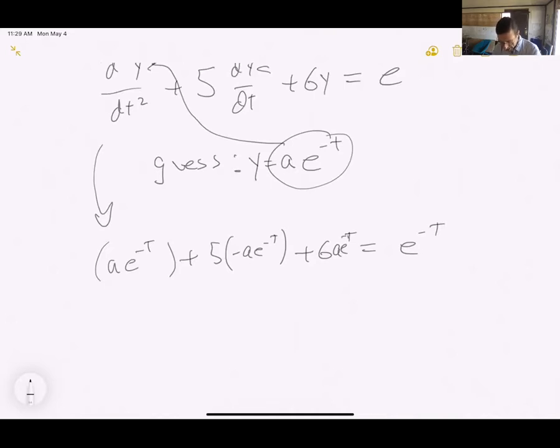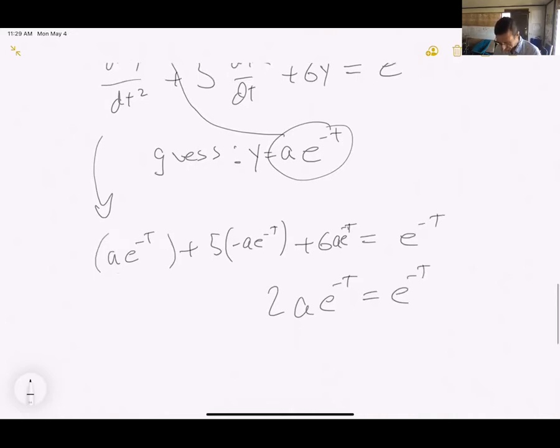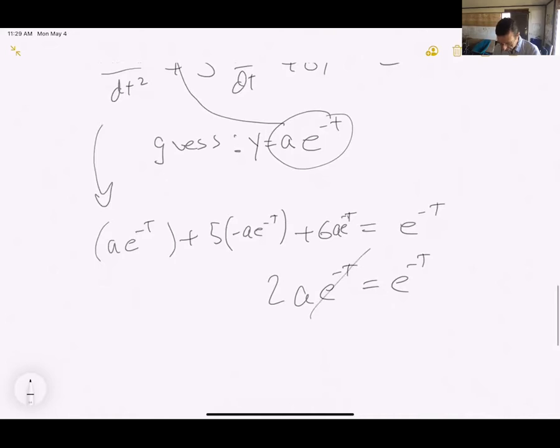So we got A e to the minus t minus 5A e to the minus t plus 6A e to the minus t, which is 2A e to the minus t equals e to the minus t. Did I do that right? 6 plus 1 is 7, minus 5 is 2. You can divide both sides by e to the minus t, and we get A has to be 1/2.